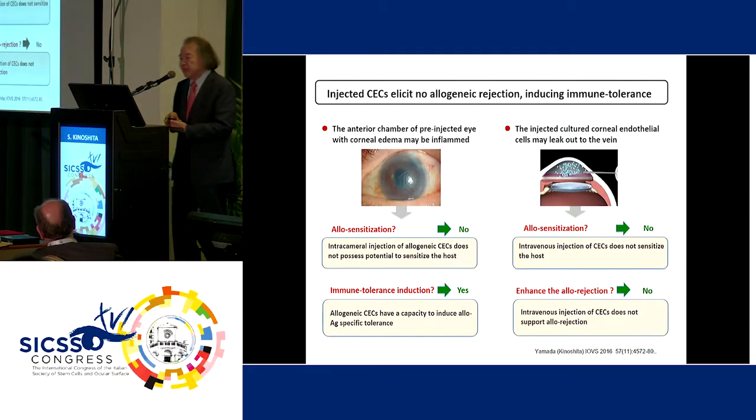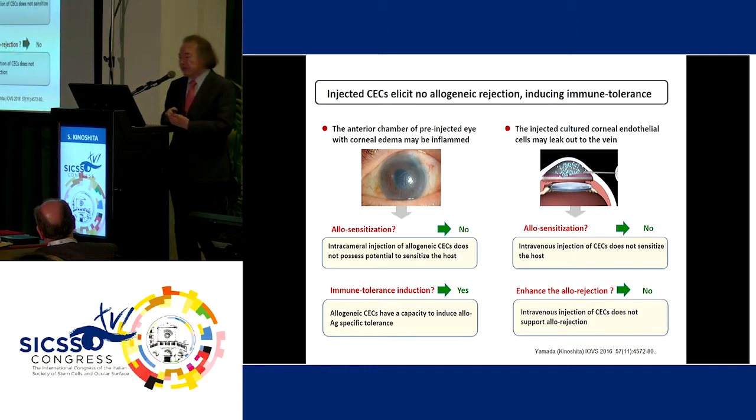Because we use allogenic human corneal endothelial cells, not autologous cells, you may have some fear about using them. So we performed animal experiments using mice. We took mouse corneal endothelial cells and injected them into the anterior chamber or the vein. What we found is that no allo-sensitization occurred, and immune tolerance was induced.